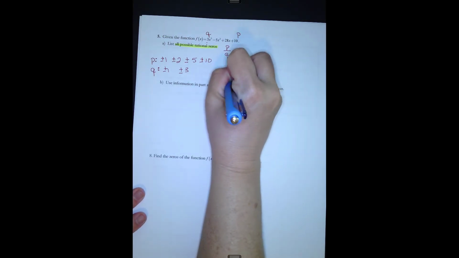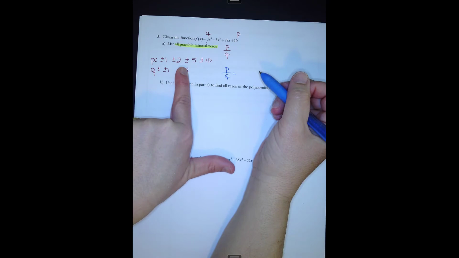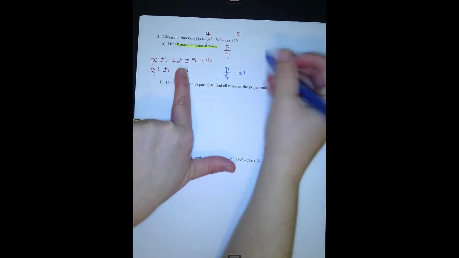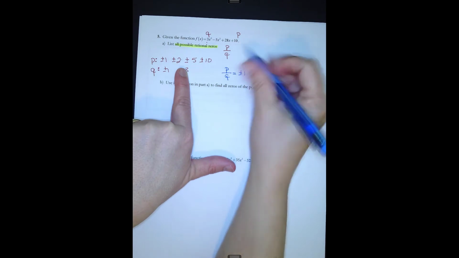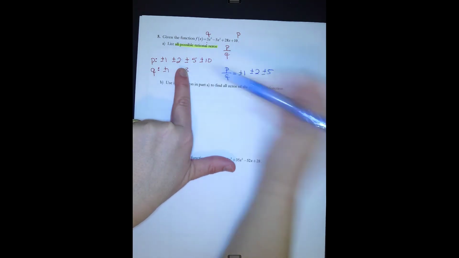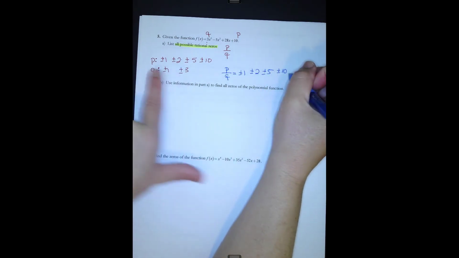So then if we're going to find P over Q, we're going to come up with all of our combinations. So 1 over 1 is 1, so plus or minus 1. 2 over 1, plus or minus 2. 5 over 1, plus or minus 5. 10 over 1, plus or minus 10.